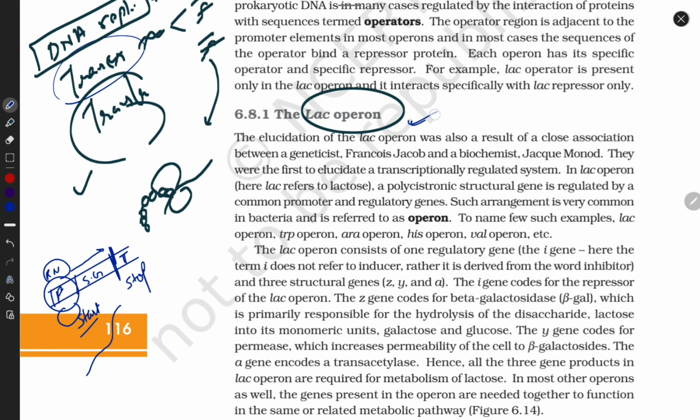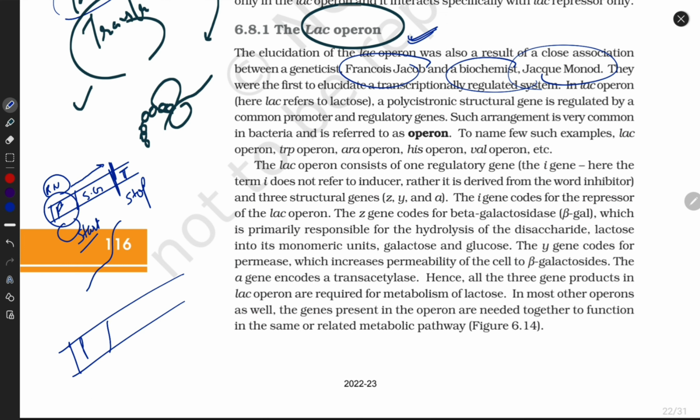In the lac operon, in the case of bacteria, scientists identified what kind of mechanism is present in bacteria, how they regulate their transcription, and what kind of genes are there. In bacteria we have a promoter, a regulatory unit, structural genes, and a termination site.